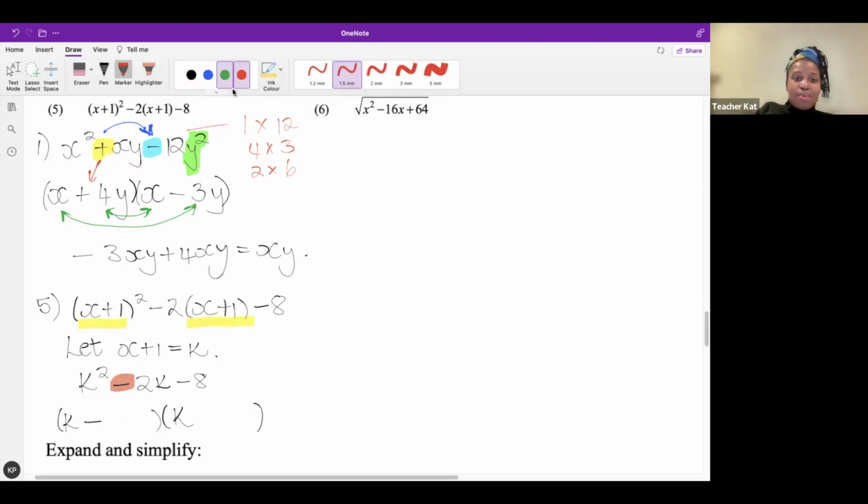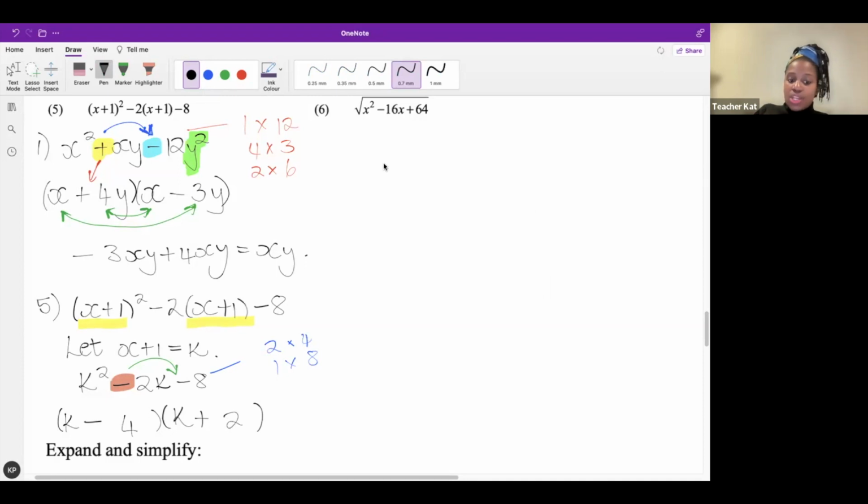Does that mean we keep or change the next one? Change, so it becomes a positive. Great. What are my factors of 8? I have 2 times 4, 1 times 8. Which of these factors are going to give me a negative 2 here? 2 and 4. And my 4 has to be negative for it to work.